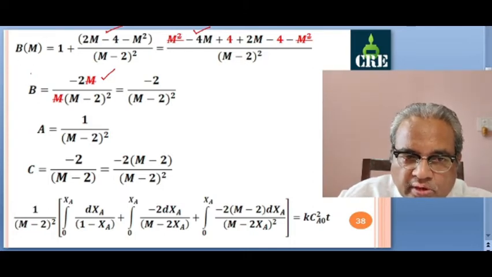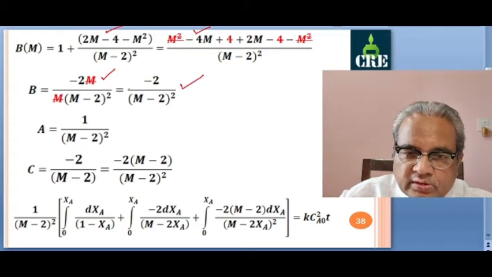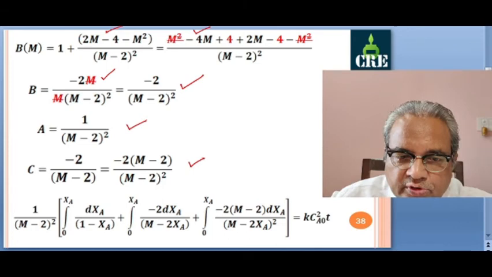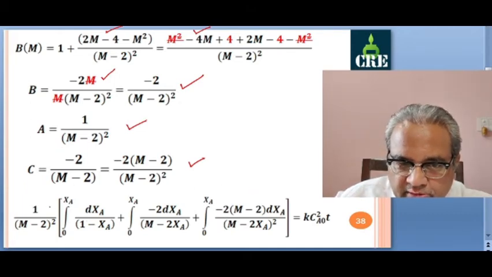BM is equal to this, and this M I have taken to this side now. So B is equal to minus 2 into M by M into (M minus 2) square. M also cancels out. So what I get finally is the B constant is minus 2 by (M minus 2) whole square. We have evaluated A earlier and also C. Now we will substitute in the original integration expression the values of these constants and solve this split into partial fractions.